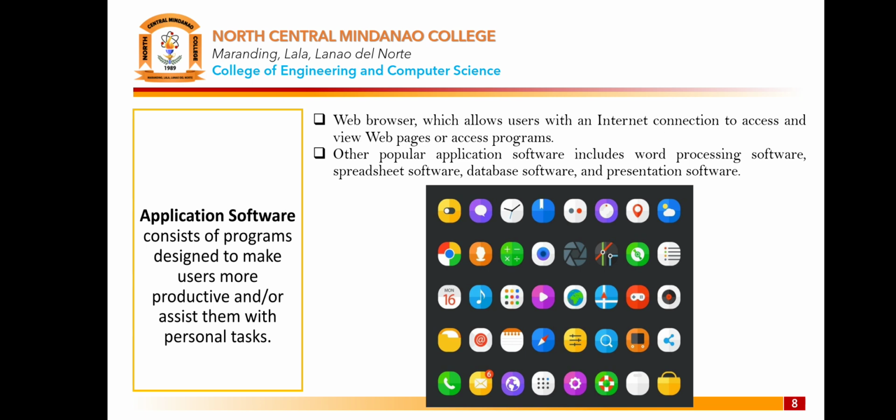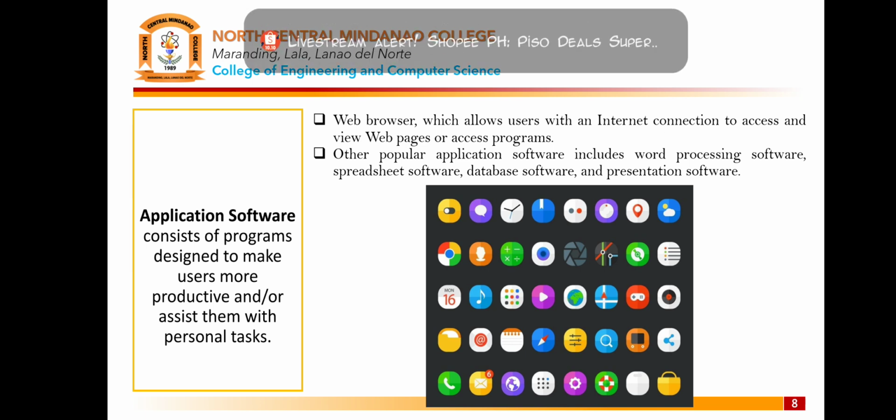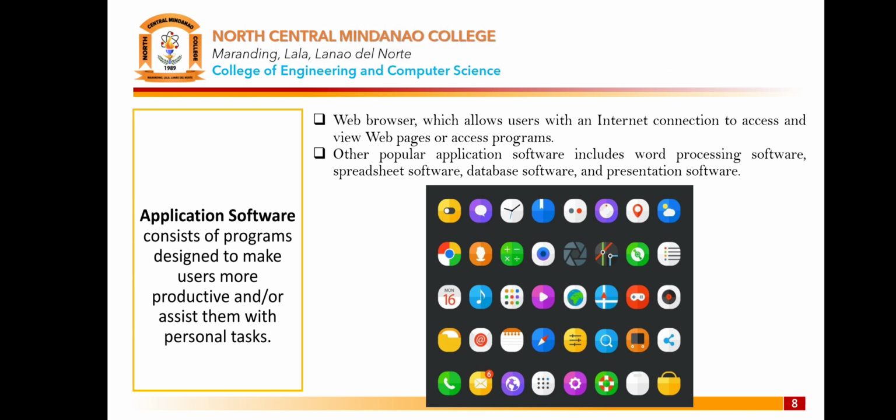There are actually many other types of application software, including video editors, audio editors, multimedia applications, and computer aided design like Photoshop and AutoCAD. In education, there is Aquiper, which is an application software.